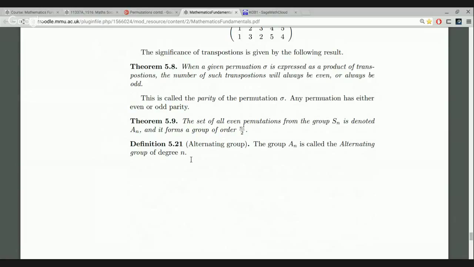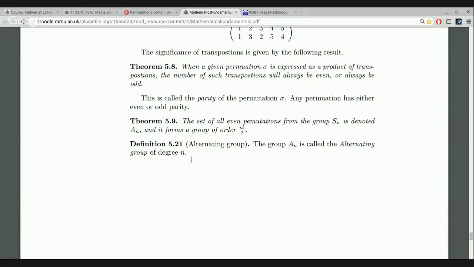However, what will be the same is, for any given permutation, there will either be an odd number of transpositions in its representation or an even number. So for any given permutation, it will be possible to represent it as a product of a different number of transpositions, but the parity of that number, the oddness or evenness of that number, is always the same. Okay?